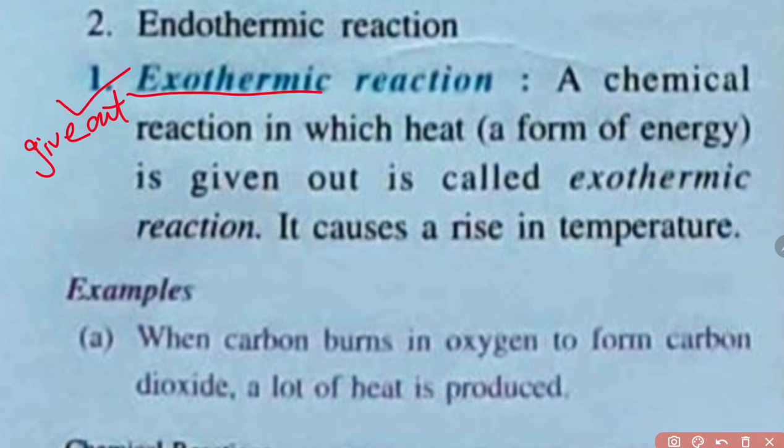And thermic means heat, right? So here we are dealing with only heat energy, we are not dealing with the light energy or sound energy. A chemical reaction in which heat, which is a form of energy, is given out is called exothermic reaction. It causes a rise in temperature.